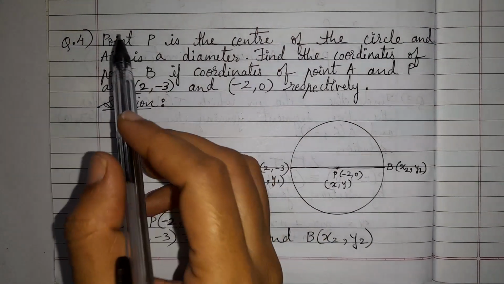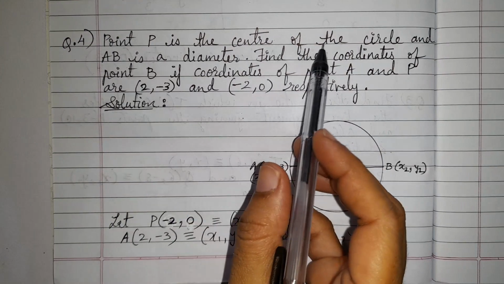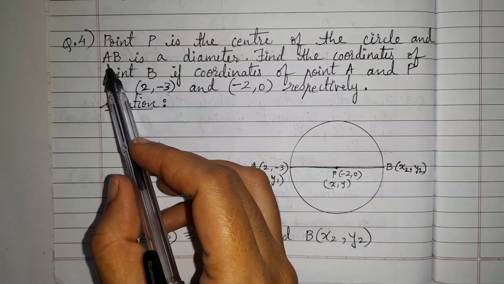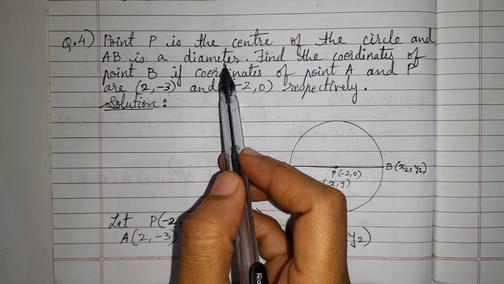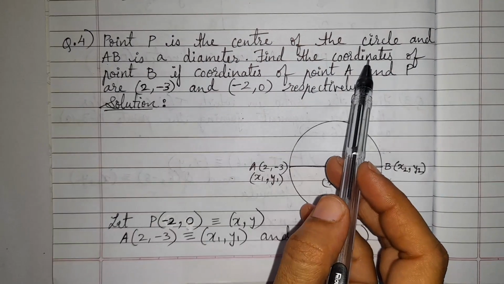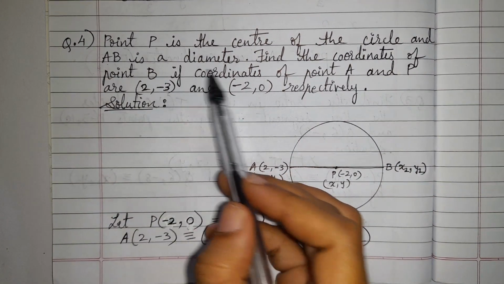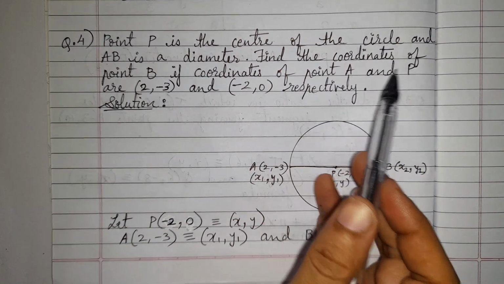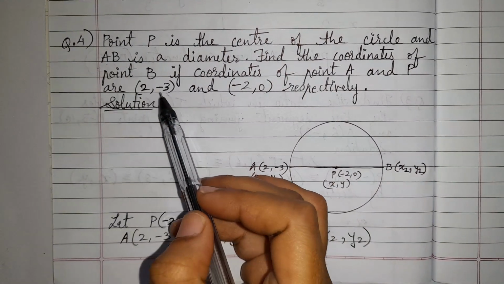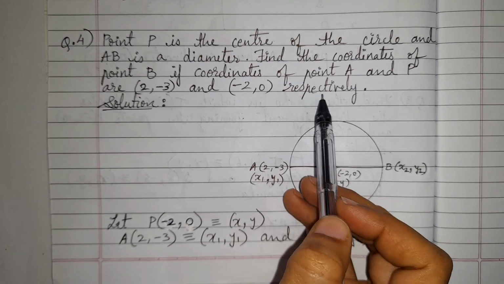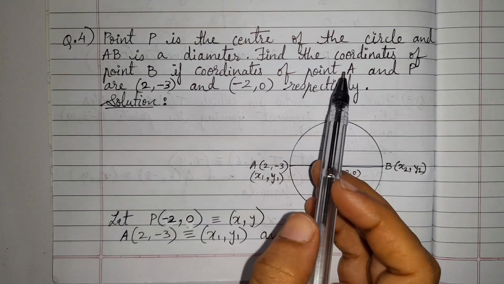Question number 4. Point P is the center of the circle and AB is a diameter. Find the coordinates of point B if coordinates of point A and P are (2, -3) and (-2, 0) respectively.